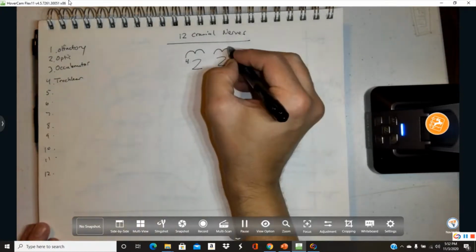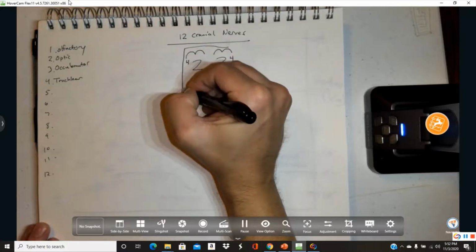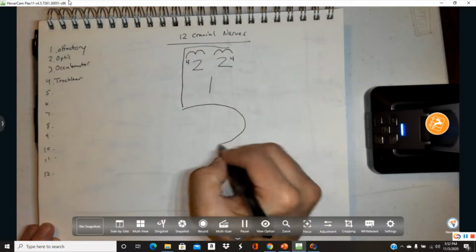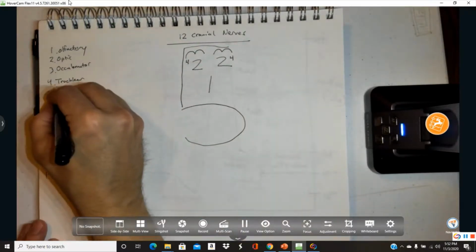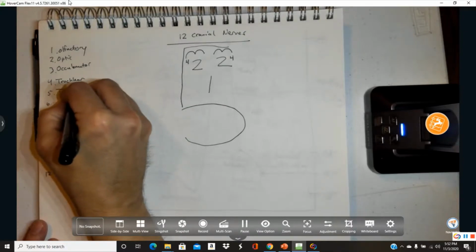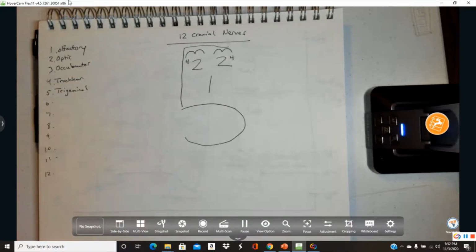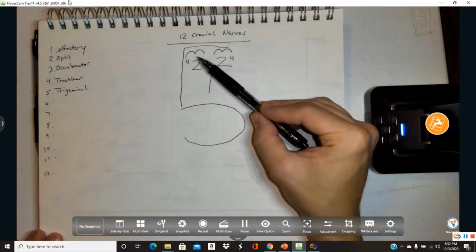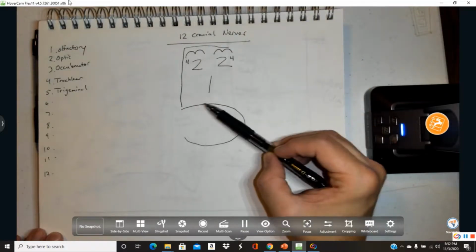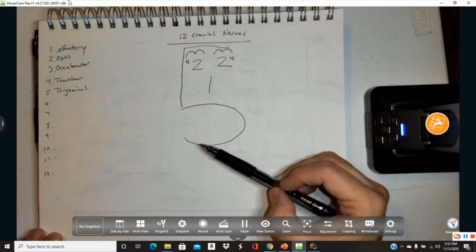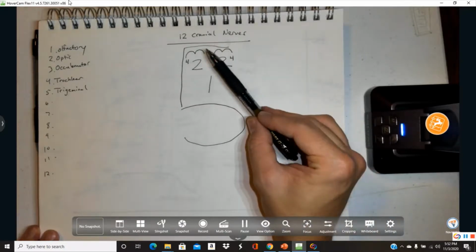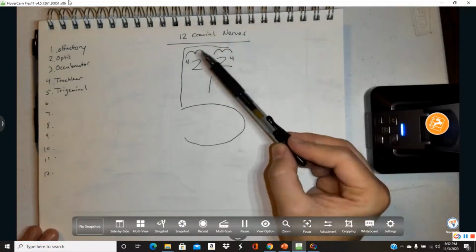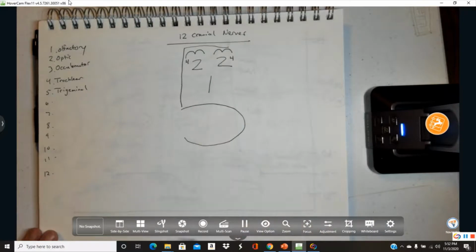Number 5 is our trigeminal, because it has nerves that go above the eye, below the nose, and at the bottom of the mouth. It has 3 branches: the ophthalmic, maxillary, and mandibular divisions.